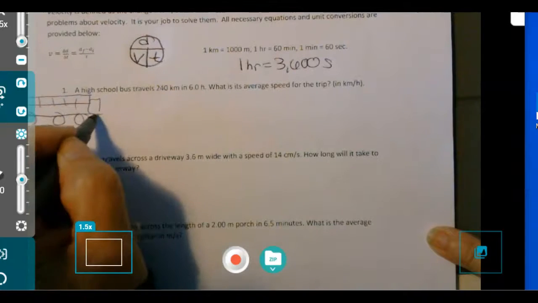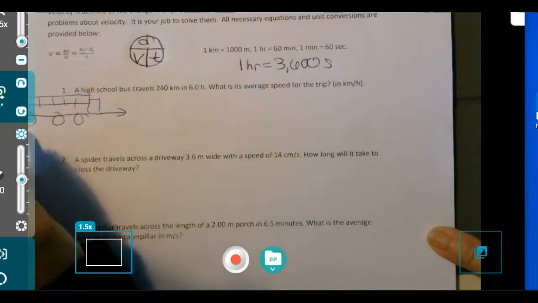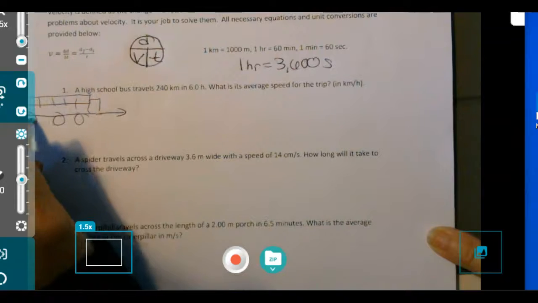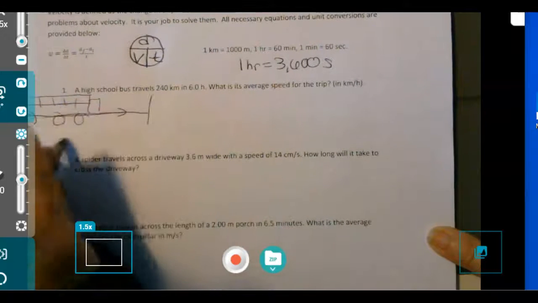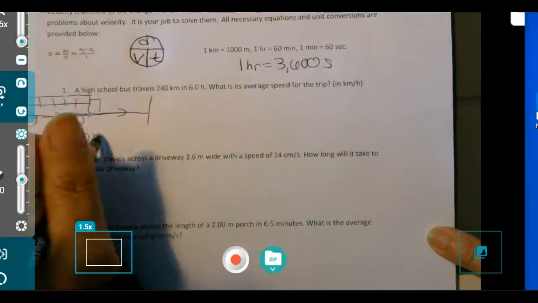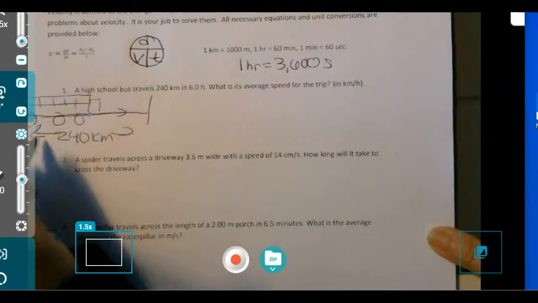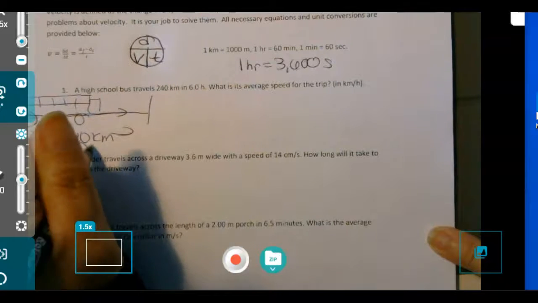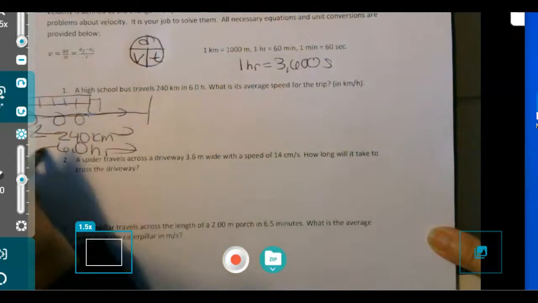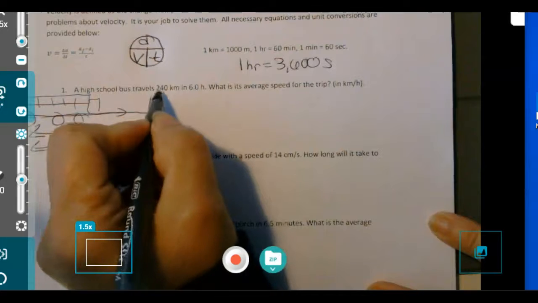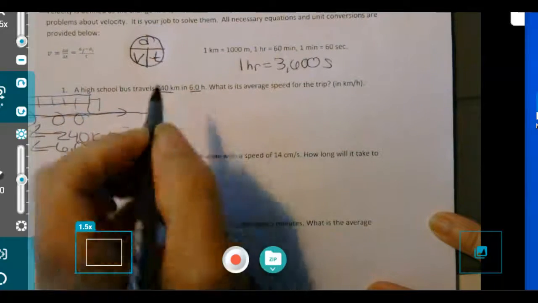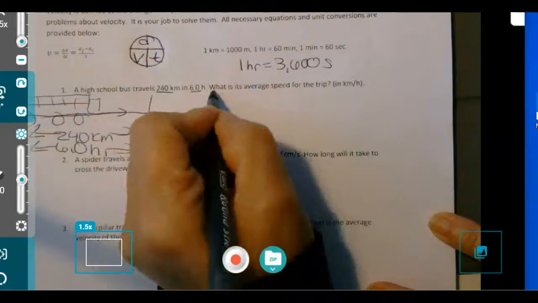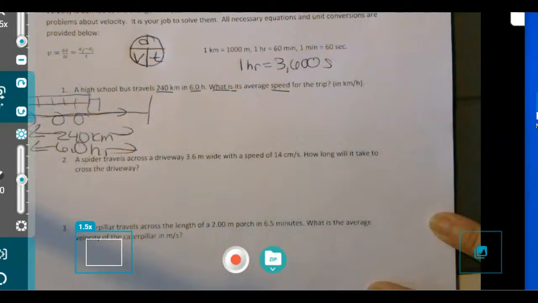Okay, and it's traveling, so I'm just going to say the whole thing is 240 kilometers, and it took them 6 hours. So now I want to list my knowns. I always underline my values. And then it's what is, and we're looking for speed.